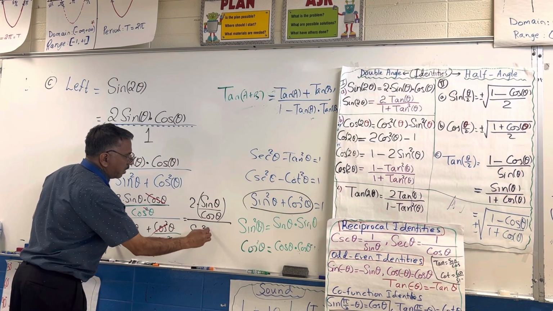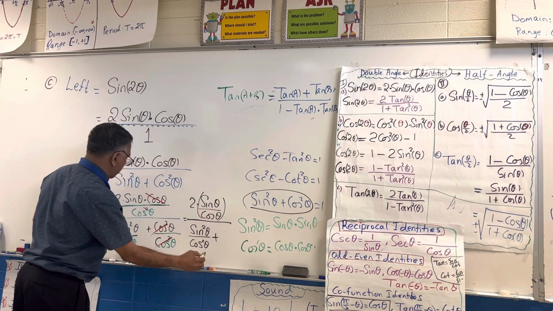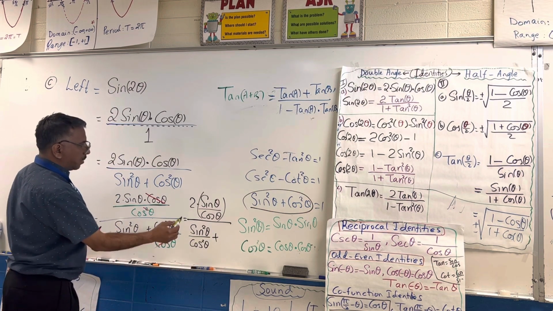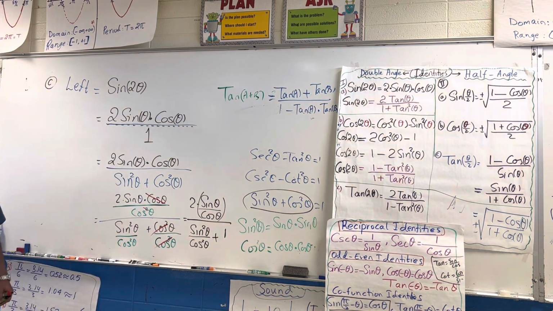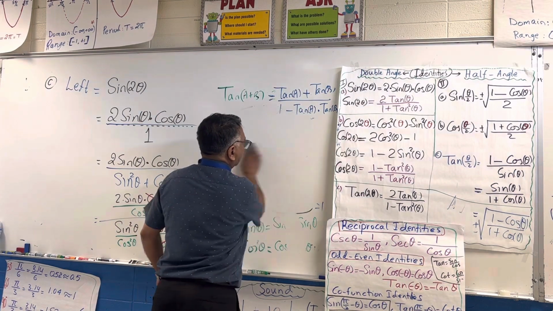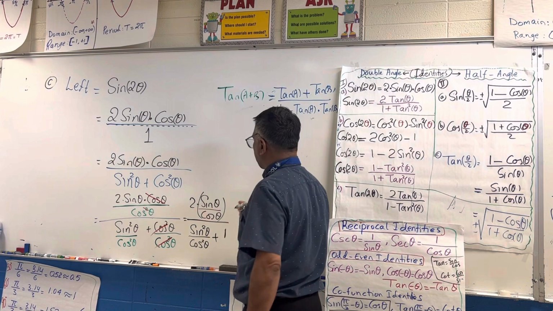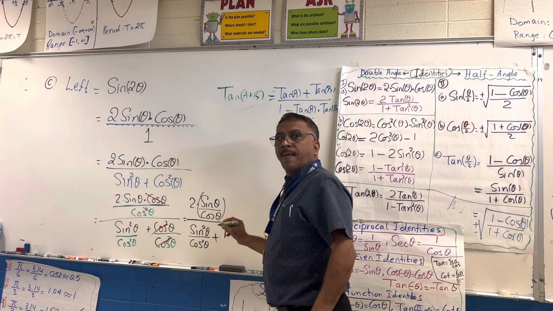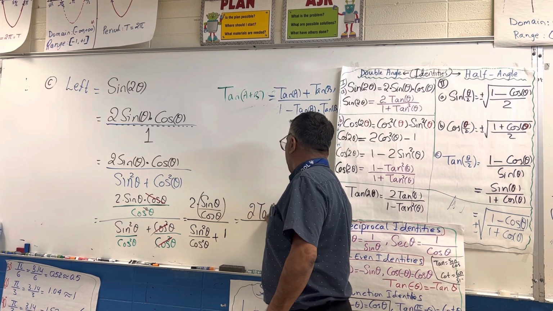And this is sine square theta cosine square theta plus 1. So what do you get for that one? This equals? Yeah, tan theta.